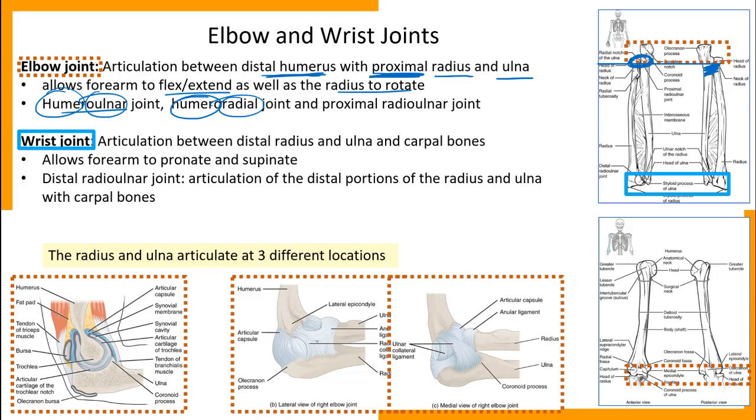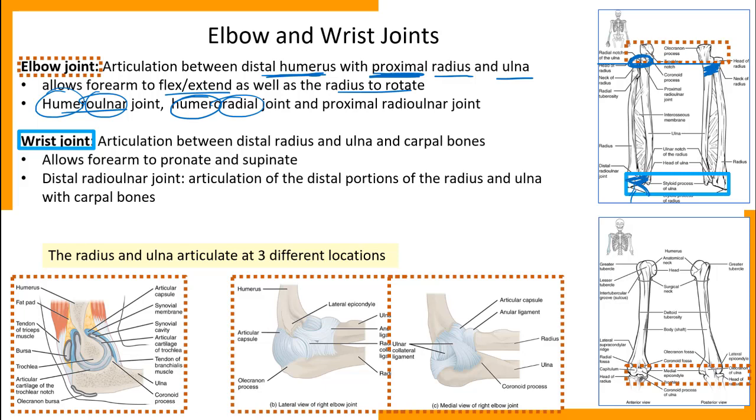The wrist joint articulates between the distal end, the far end of the radius and ulna, together with the wrist bones, right? And this wrist joint connection allows the forearm to pronate, like when you bounce a basketball, and to supinate when you put your palms face up.